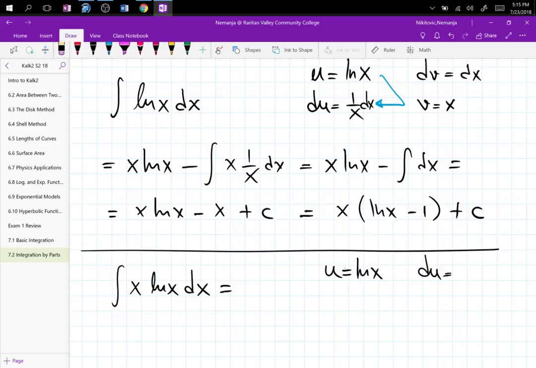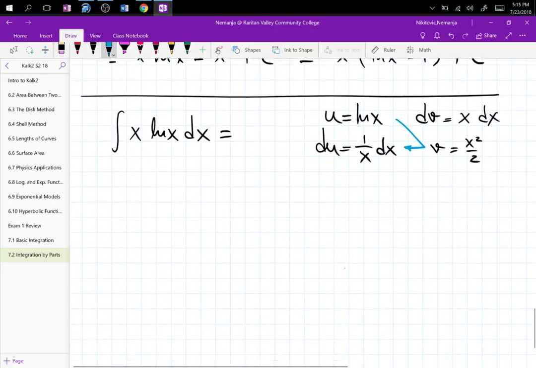And dv will be x dx, right? So what's du? 1 over x dx. And v? V equals x squared over 2. Nice. All right, let's see what you get.